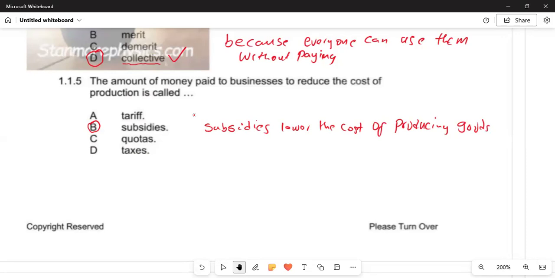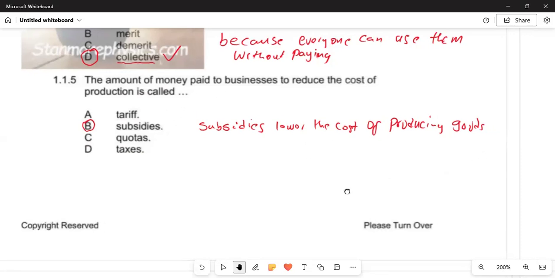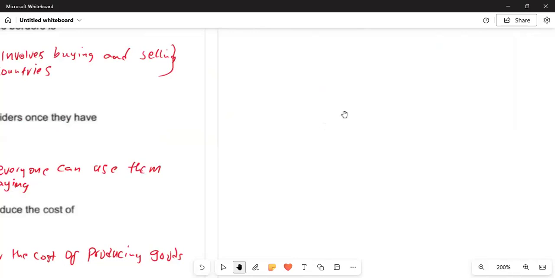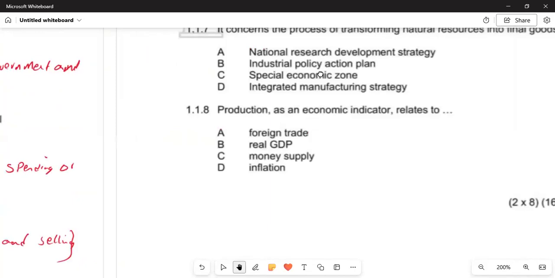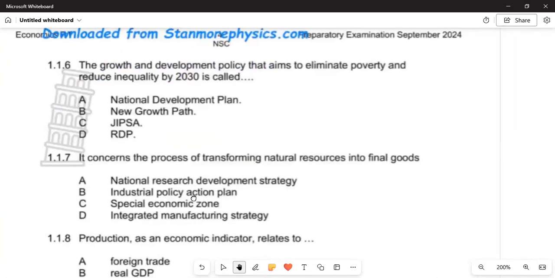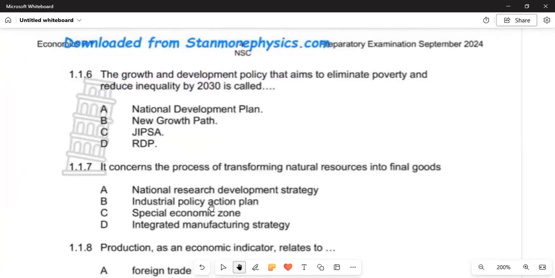So that is why it is the correct answer. Now let us move on to 1.16. So here we are on 1.16.